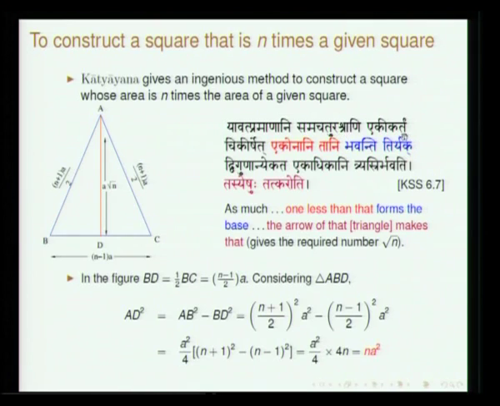Yavat pramanani samachaturashrani squares ekikartum chikirshet. You want to find out the area which will be given by these n squares. How do you construct a square which will have the area of the sum of these n squares? This is the most general way of stating the problem, yavat tavat, as much so much. Yavat pramanani samachaturashrani ekikartum chikirshet ekonani tani bhavanti. Ekona means remove one from that.